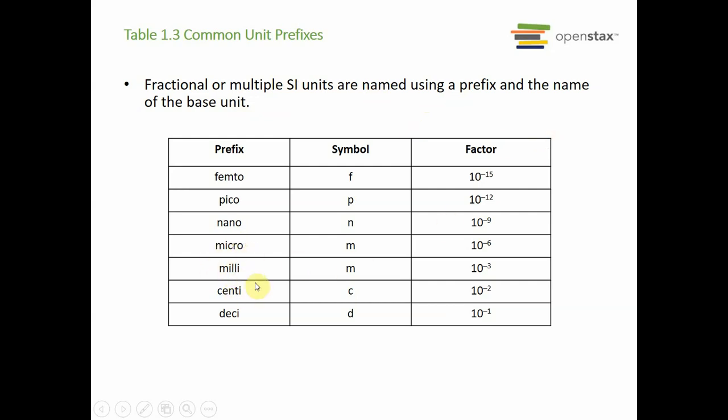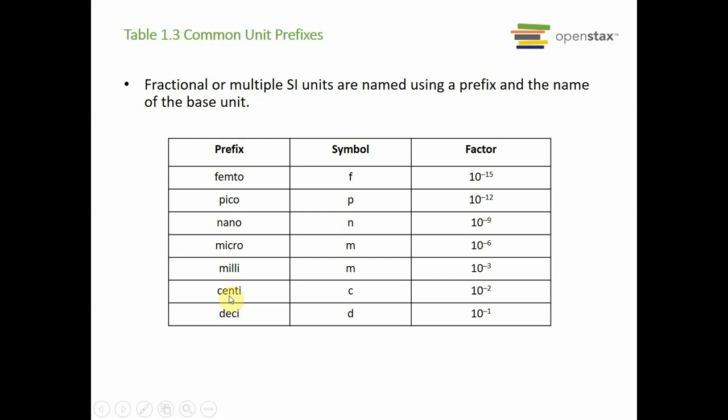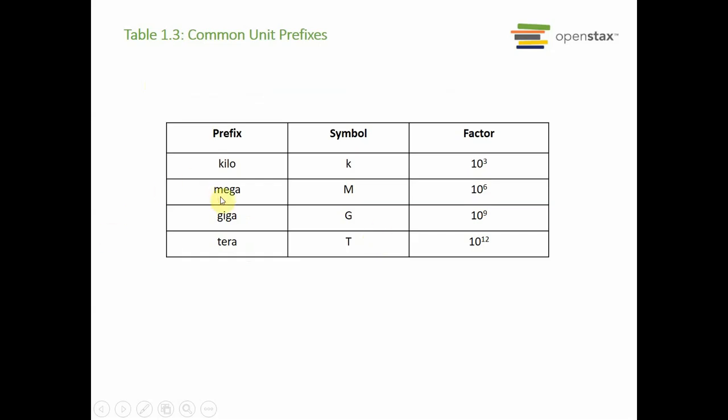You've heard of kilograms, and you've heard of centimeters, and perhaps you've heard of milliliters or microliters, nanoseconds, and some of these others are less commonly used, pico and femto, mega millions, perhaps you've heard of that, and gigawatts from Dr. Brown in Back to the Future, but tera for terahertz.